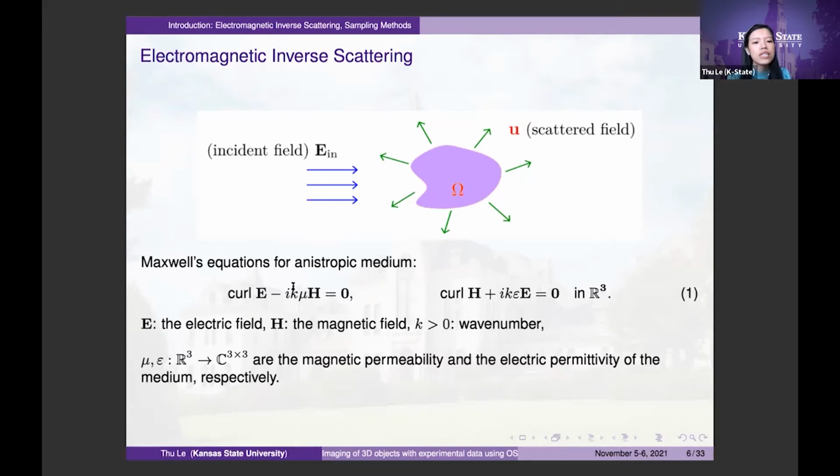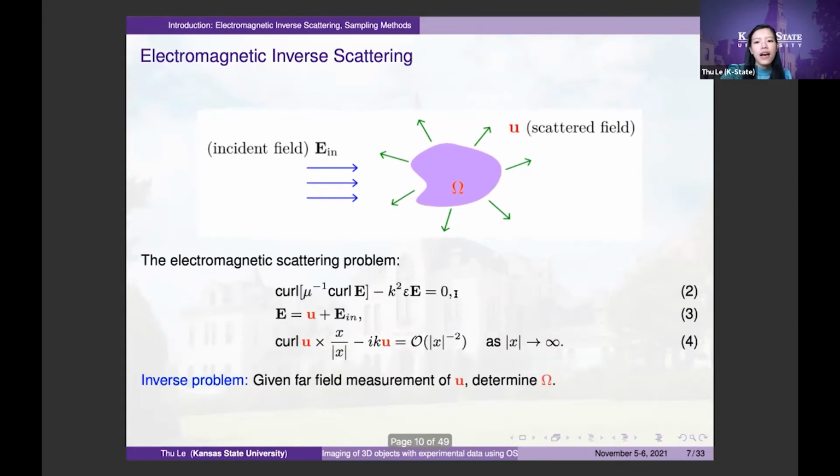They are matrix-valued functions from R^3 to C^{3x3}. In fact, they are the magnetic permeability and the electric permittivity of the target medium omega, respectively. So the Maxwell system number 1, we will rewrite as equation number 2, where we eliminated the magnetic field H and are left with just the electric field E.